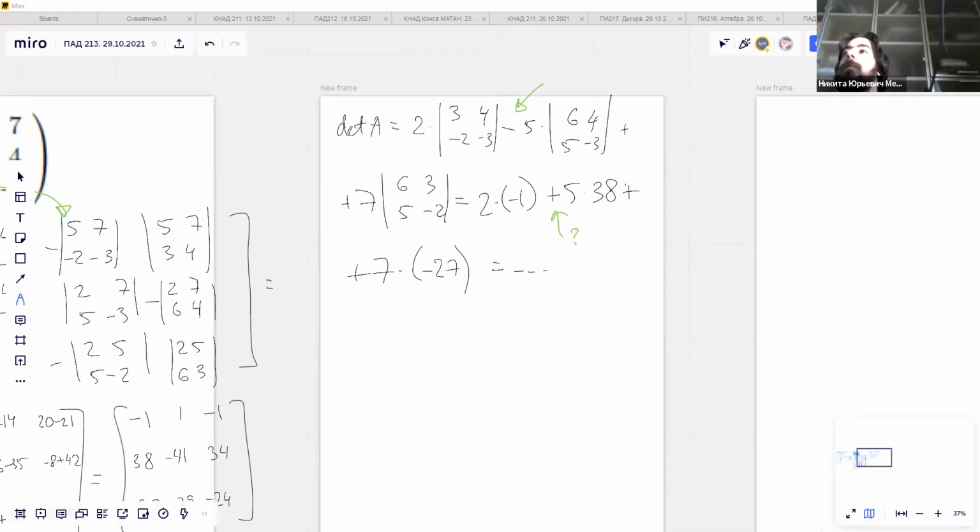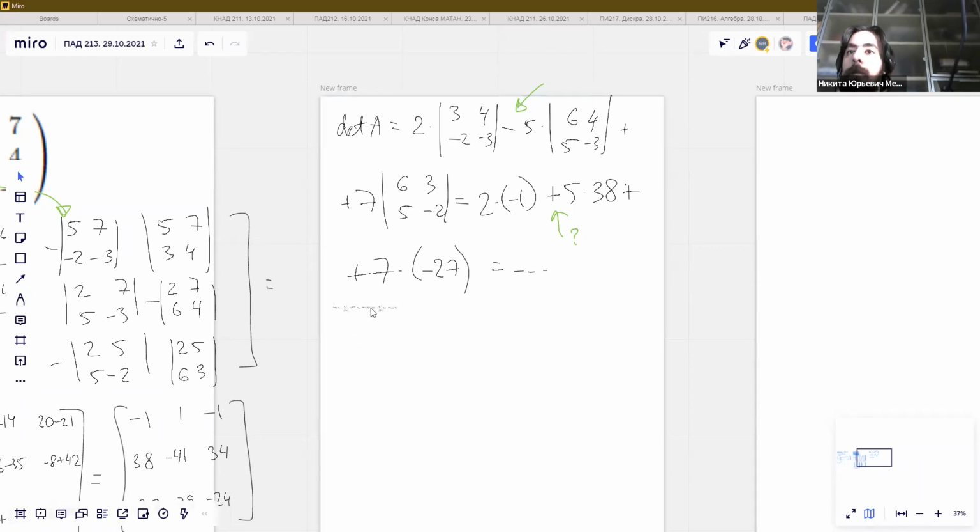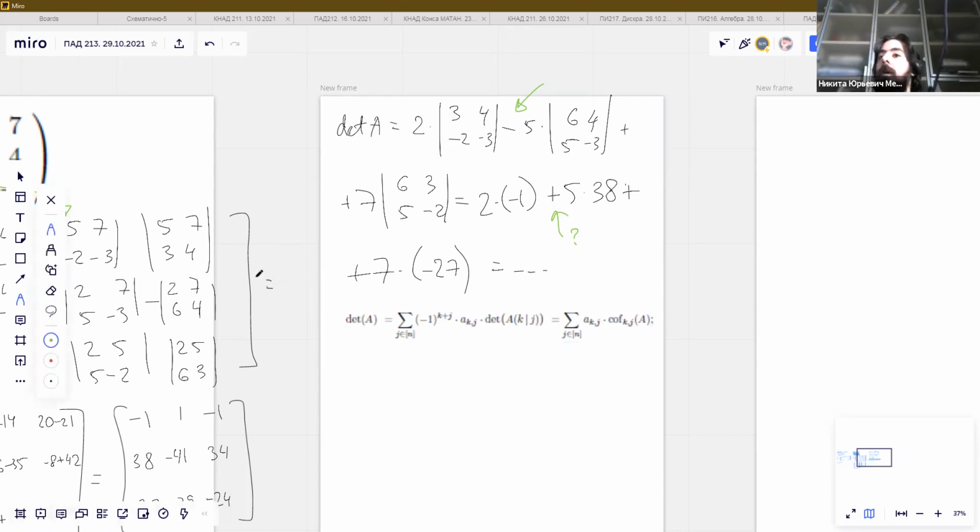In the lecture, it looked like this. So there are 2 ways, right? You can put the minus over here, or you can put it inside this expression. I remind you that cofactors are simply those determinants, those minors, multiplied by plus or minus 1. So when I computed this 38, the minus is already inside. Okay.